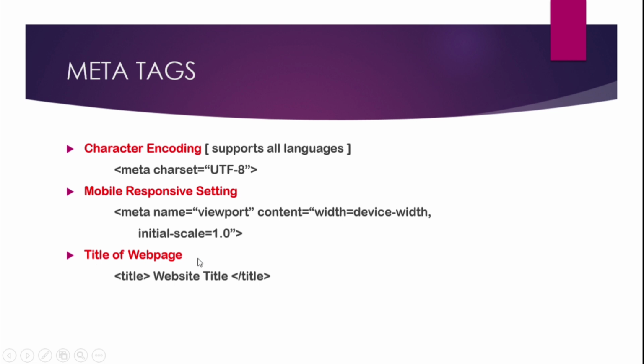Whenever we have to mention the title, right? What we call our website, like a personal portfolio website, or an e-commerce website like tech e-commerce website, you can mention that name here in the website title, using the title tag. These are the meta tags which only reside inside a head tag, the head section in the HTML5.